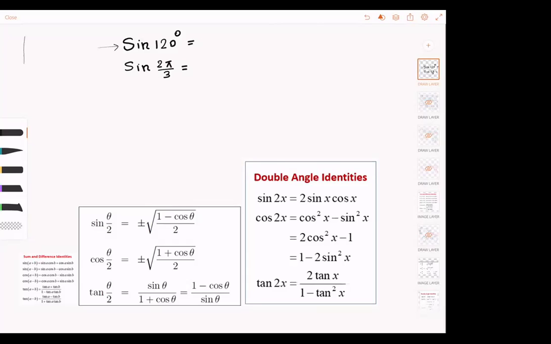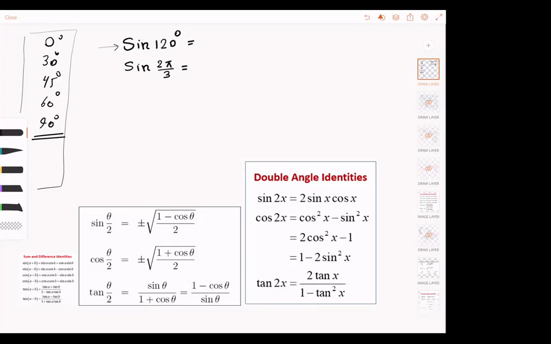And all the angles that we know the exact value of are 0, 30 degrees, 45 degrees, 60 degrees, and 90 degrees, correct? And 120 is not there.